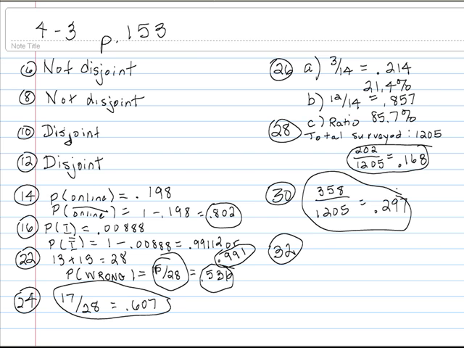It's 27 plus 49 plus the ones that are over 59. So I got 431 over 1205. And what I want to do is divide that out. Whoops. And I'm getting 0.3576, so 0.358.